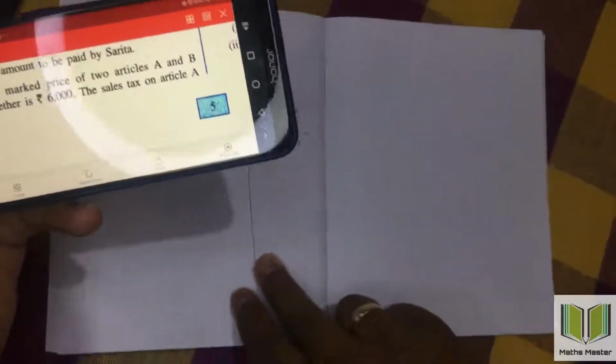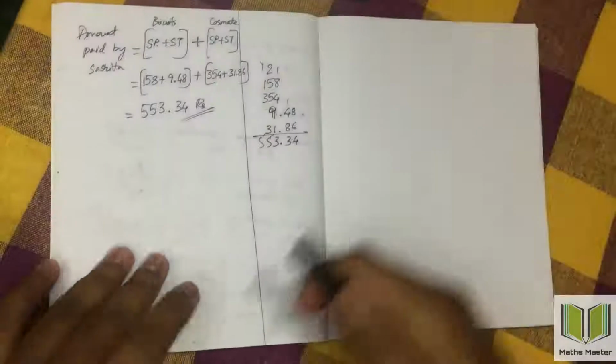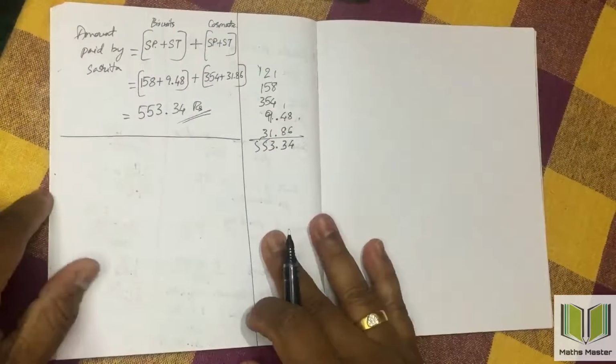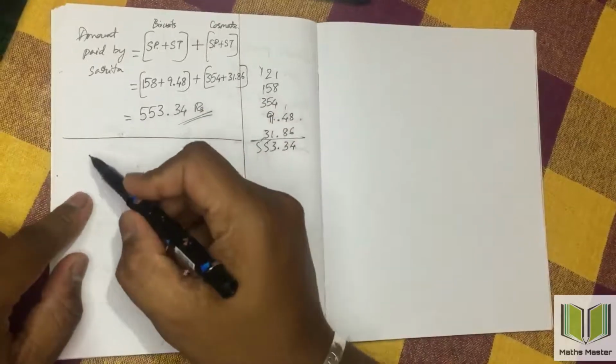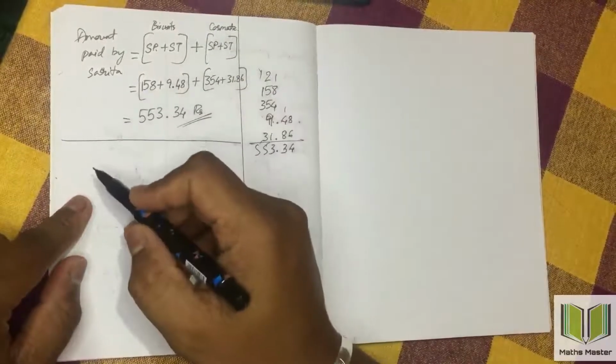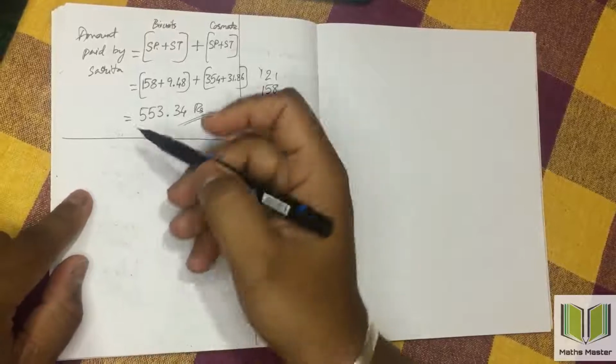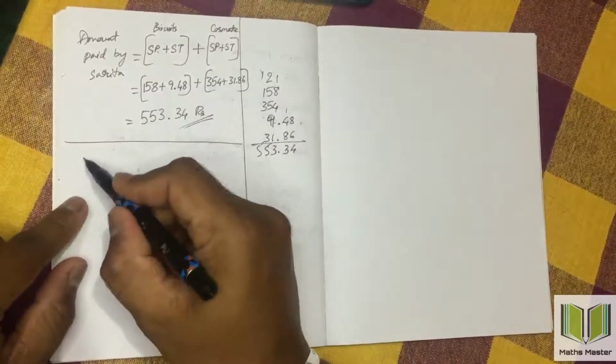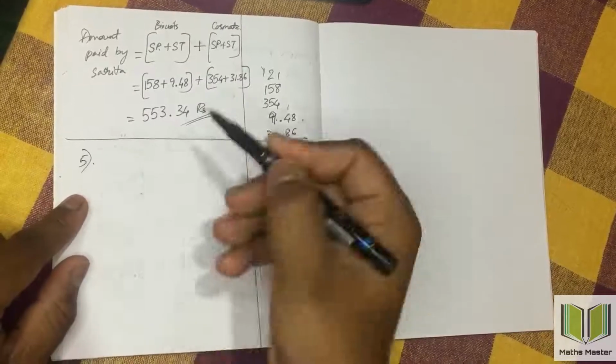It says the market price of two articles A and B together is 6,000 rupees, is what they have mentioned. Now in this problem we can take a scenario, the fifth problem I'm solving.